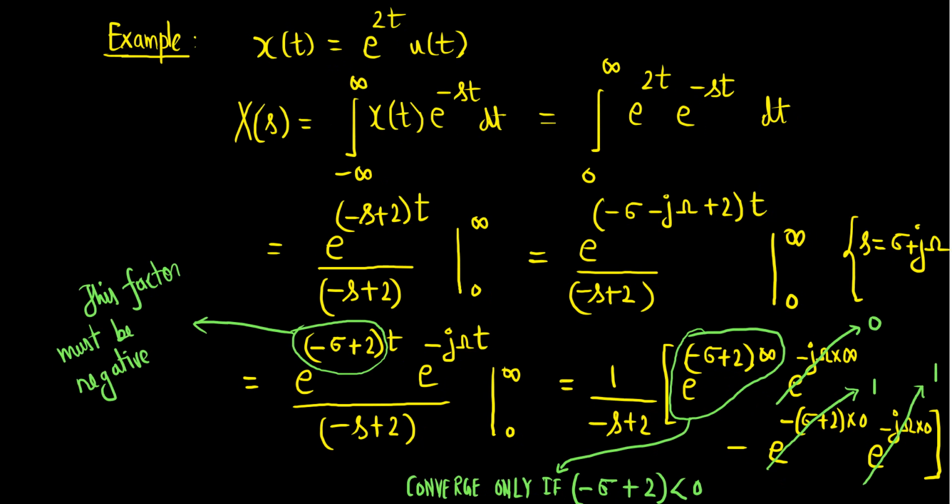you can see that this expression is going to be 1 upon, you can observe that if this term goes to minus infinity, this term whole is going to be 0, and what we are left with is minus 1, and this minus 1 is going to give you 2 minus s here.